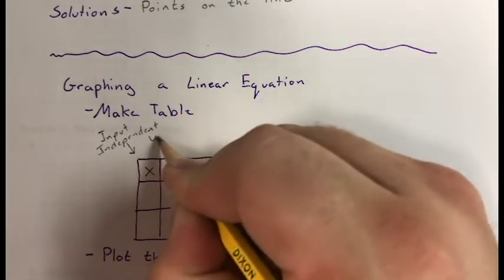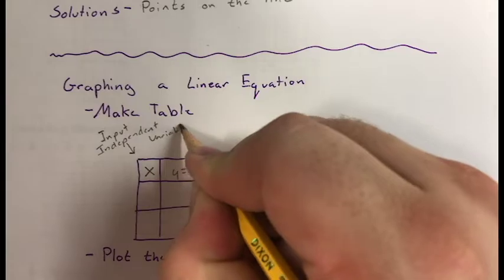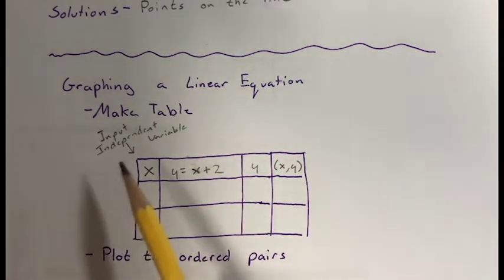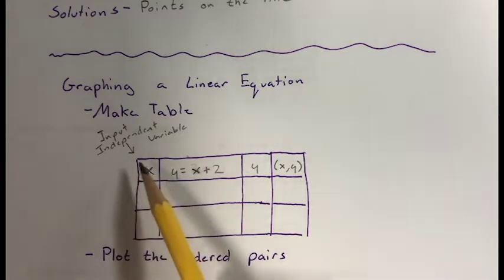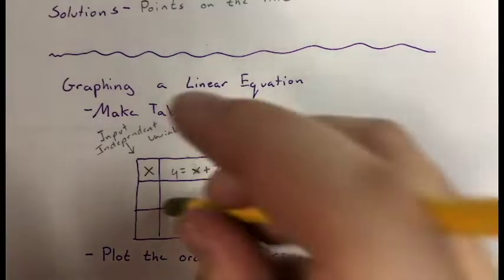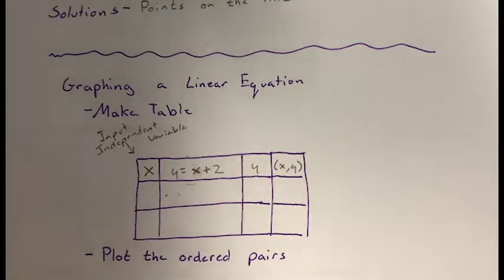You're going to hear me use these interchangeably. Input, independent variable, and your x value, all three of these things mean the same thing. You are going to hear this basically for the rest of your math career. Your x is your input, your independent variable.